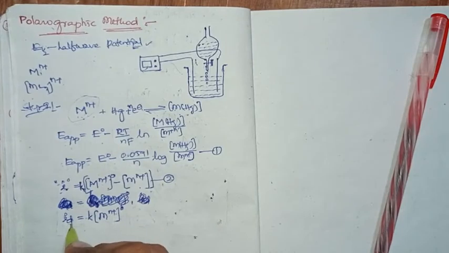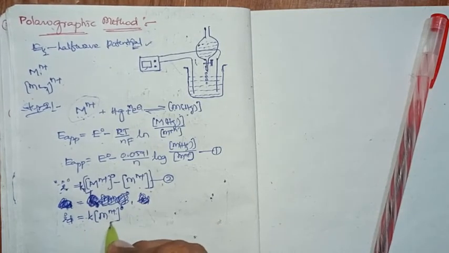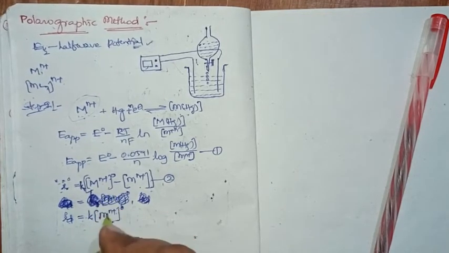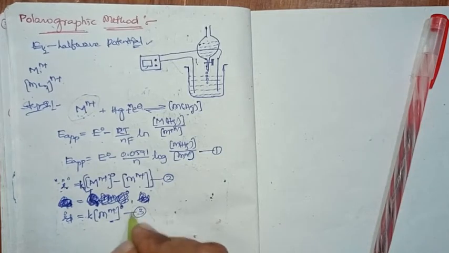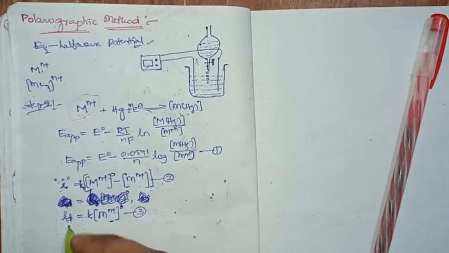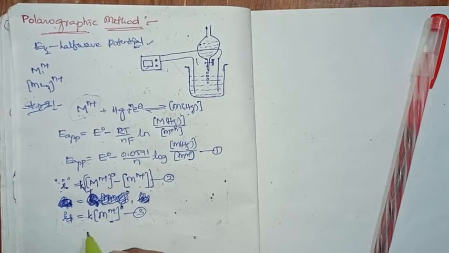So the diffusion current could be equal to a constant times the initial concentration of metal ion, right. That's how we have two equations, for the applied current and the diffusion current.